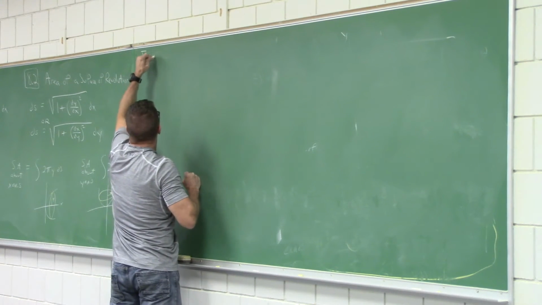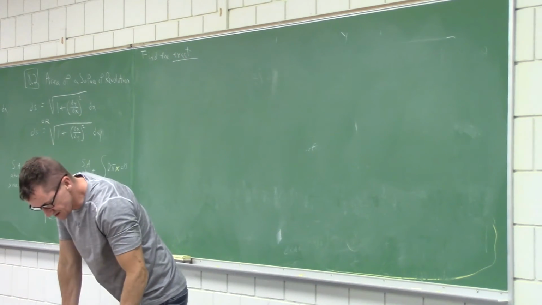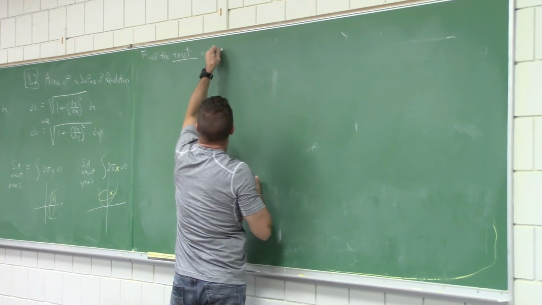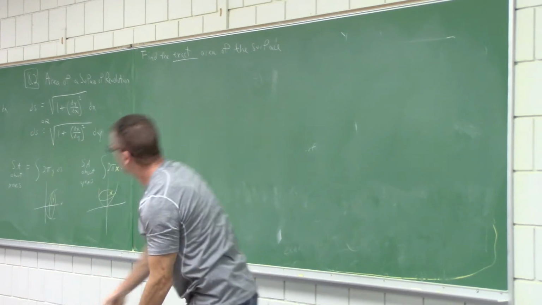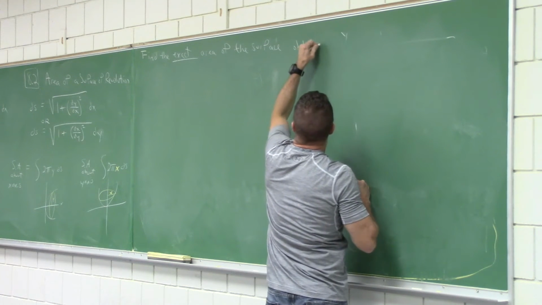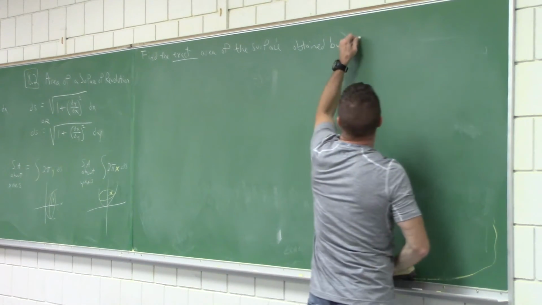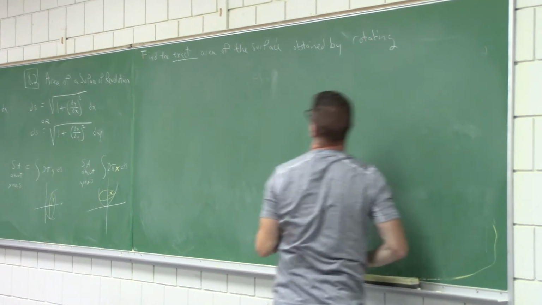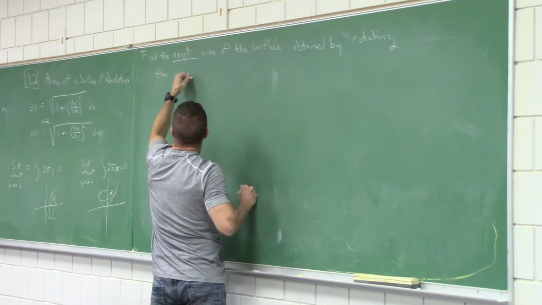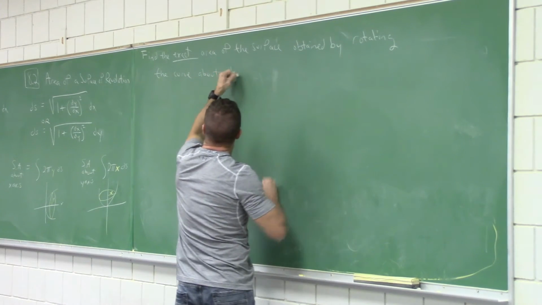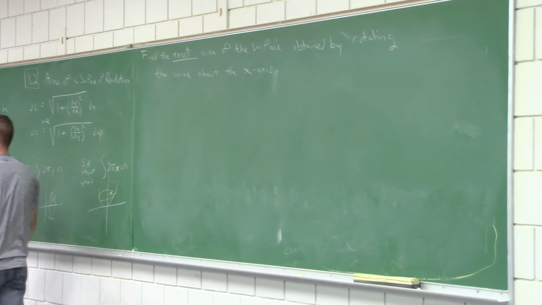Find the exact area of the surface obtained by rotating the curve about the, in this problem they said the x-axis. And I'll give you the curve.